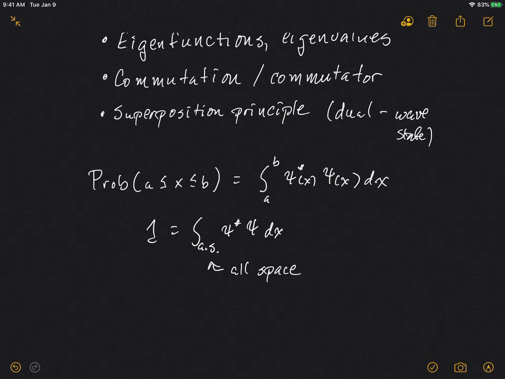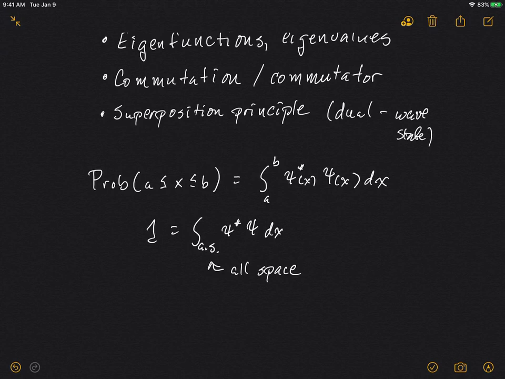So that brings up this concept of normalization, in that we may initially have some wave function that doesn't quite obey this. It satisfies some other aspects of our quantum mechanical problem. Maybe it's a valid solution to the Schrodinger equation, but when we take the integral over all space, it doesn't integrate to 1.